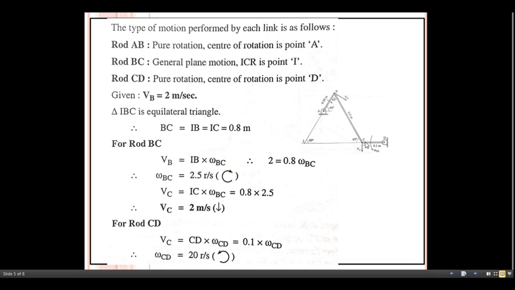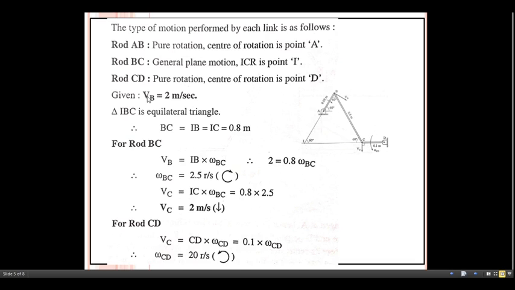At the same time, link CD also possesses pure rotational motion. And link BC possesses general plane motion, because point B has the tendency to slide here, and at the same time point C also possesses linear velocity. This means it possesses general plane motion.